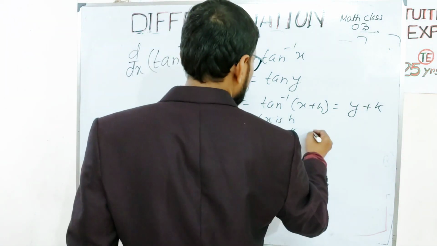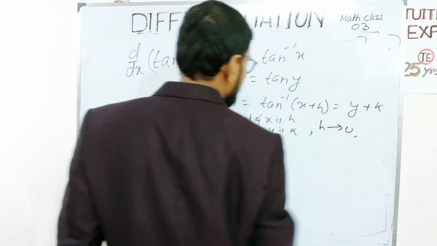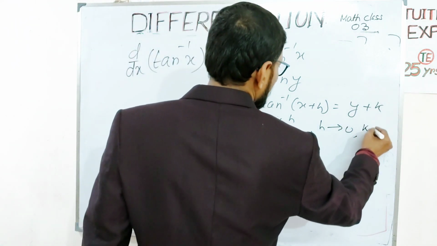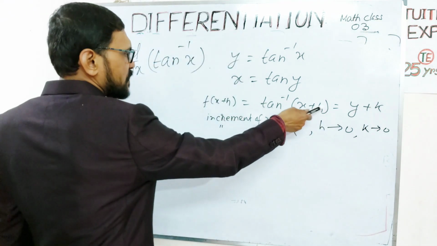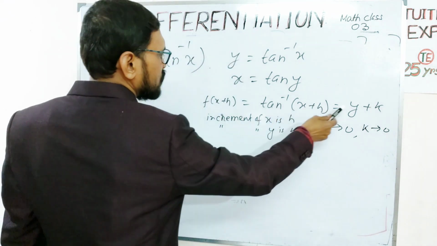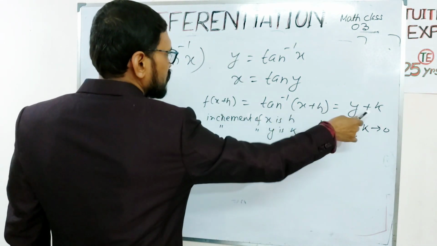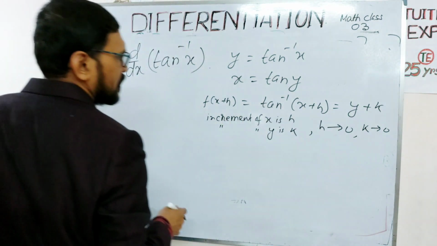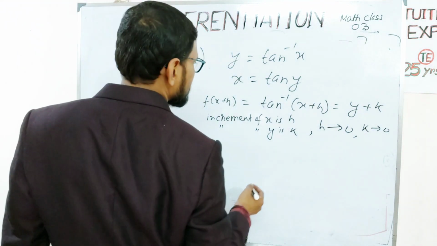Now if h tends to 0, then obviously k tends to 0, because if h equal to 0, then tan inverse x equal to y cancel, so k equal to 0. So if h tends to 0, k tends to 0. Now y plus k equal to this.